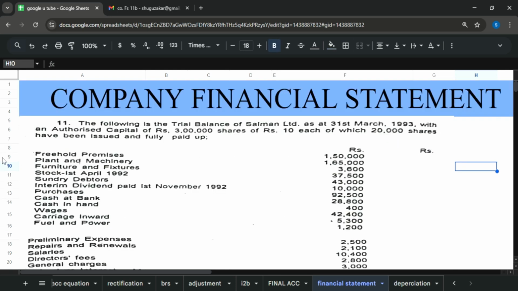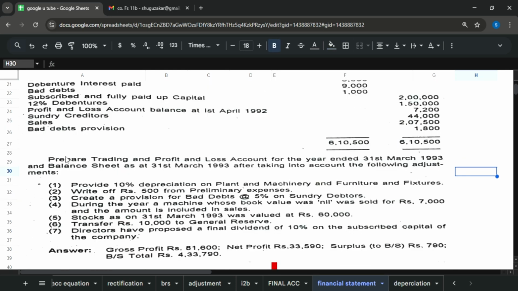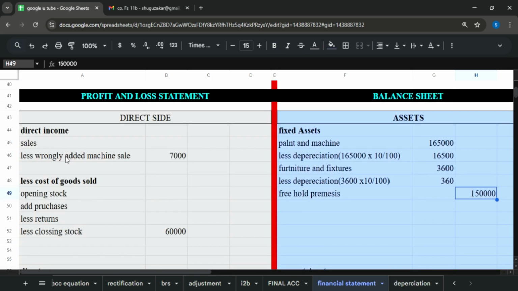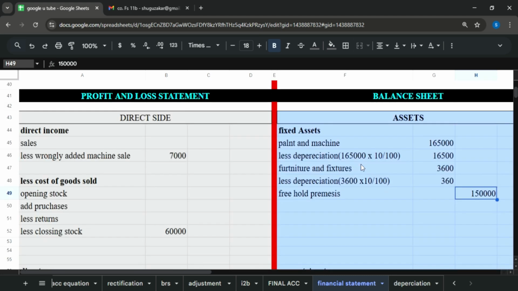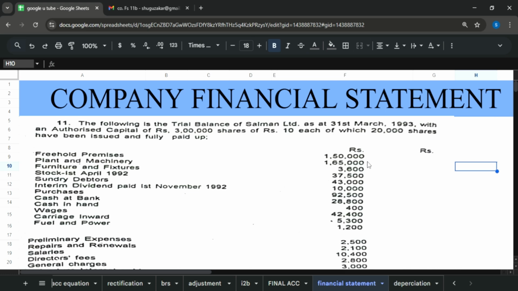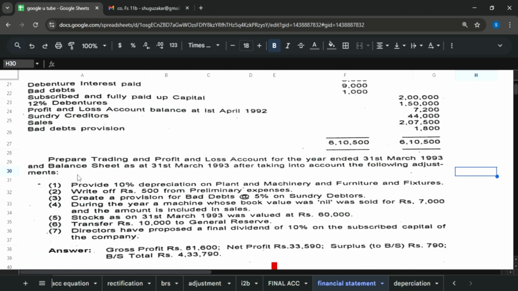After that, plant and machinery 165. Hopefully we have written the same. Okay, plant is 165, already written. After that, we have furniture and fixtures 3600. This is also previously mentioned, no need to write again. After furniture, we have stock on 1st April. Since it's 1st April, it means it's opening stock.